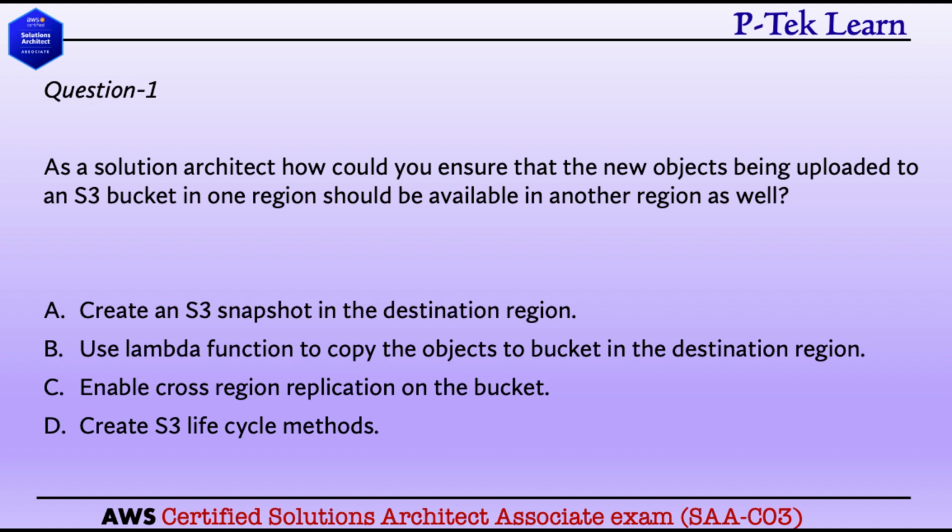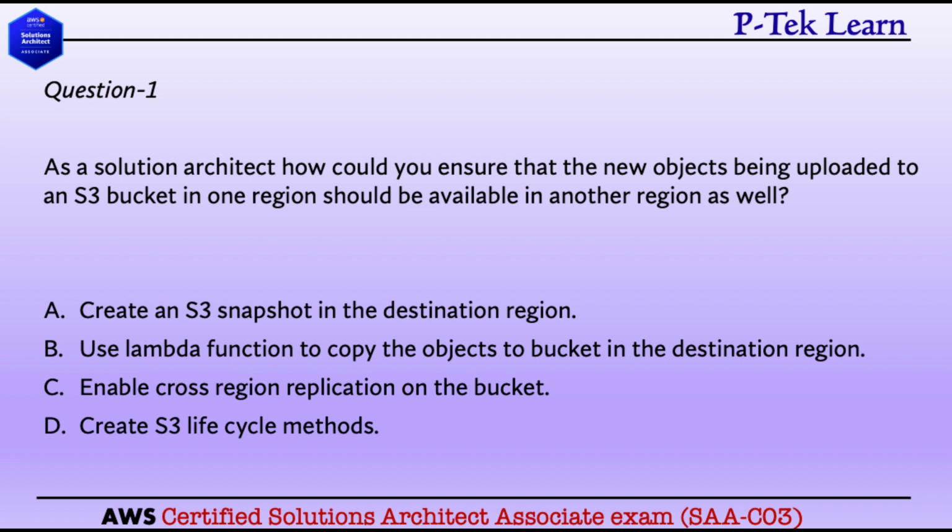Create an S3 snapshot in the destination region. Snapshots are basically used to take the backup of existing S3 buckets. It's not to replicate each object while upload is in progress. So option A is not the correct answer here.